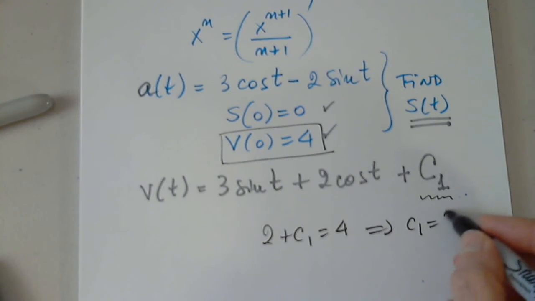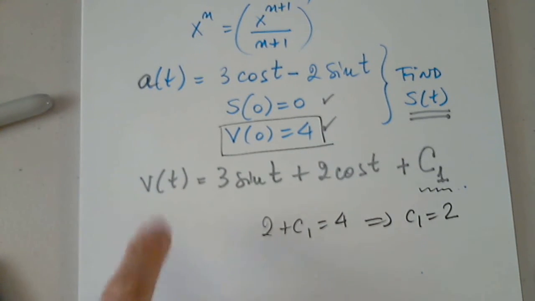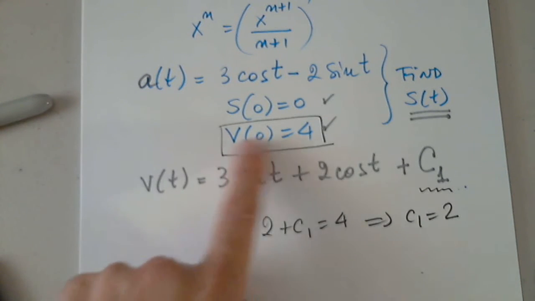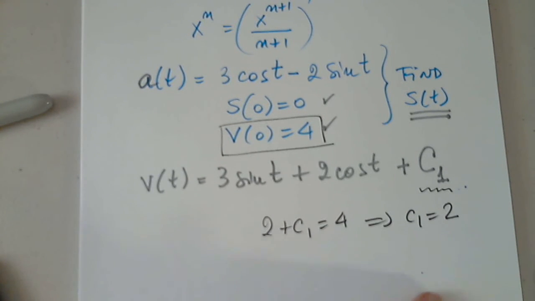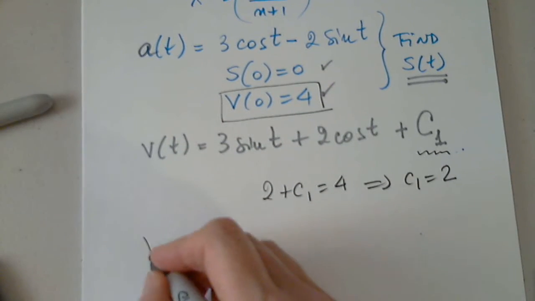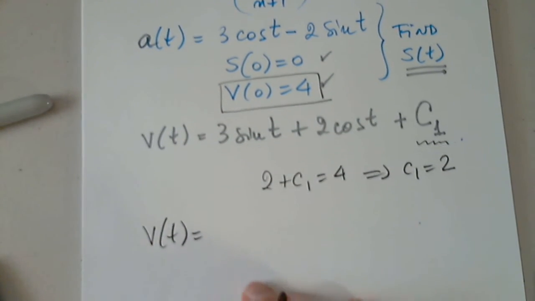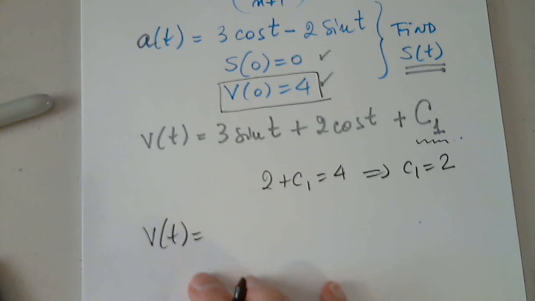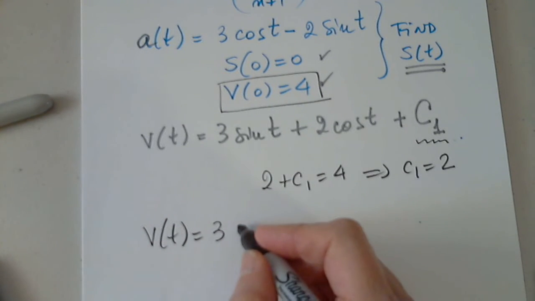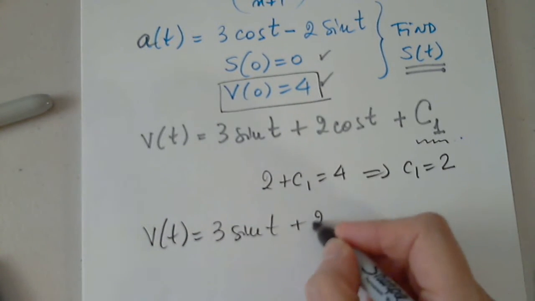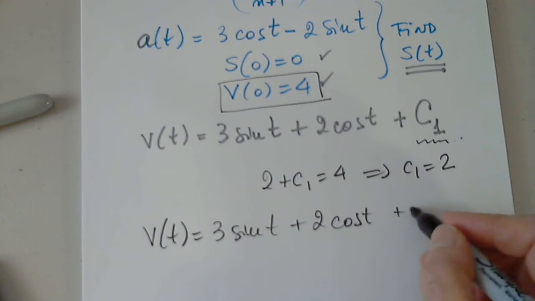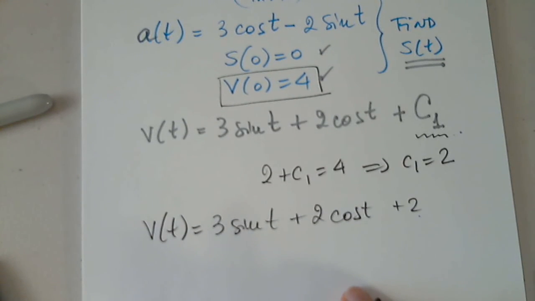Therefore, c1 equals 2. I have the only function that is the velocity, not a family of functions, that fulfills the given conditions.